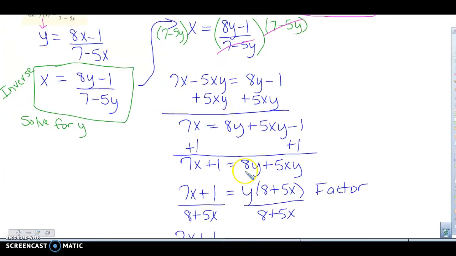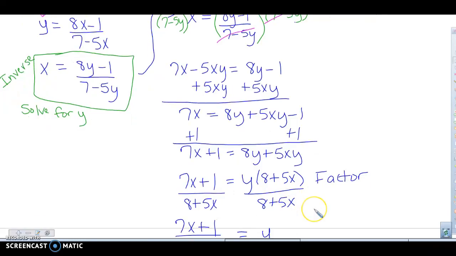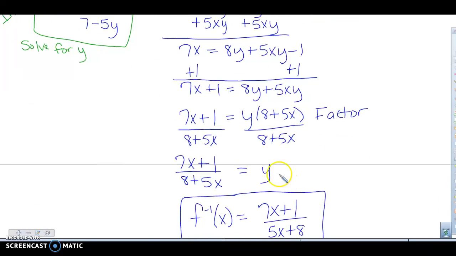Once I did that, I realized I do not have like terms here that I can actually combine, but I still need to isolate that y. I can do so by factoring it out as a GCF from the right-hand side. So when I do that, I end up with 8 plus 5x, which I can now divide both sides by, and that allows me to now isolate the letter y.